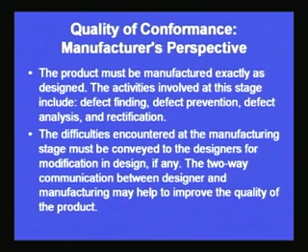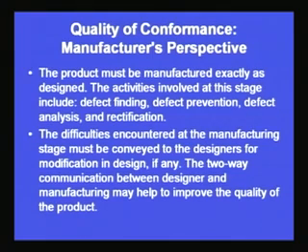The activities involved at this stage include defect finding, defect prevention, defect analysis and rectification. So all these are the activities that are done from the manufacturer's perspective in order to improve the quality of the final product.